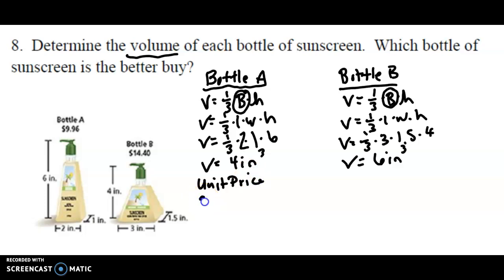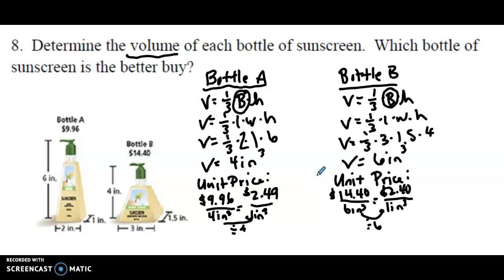So this will be $9.96 over 4 cubic inches. And we're going to try to find out what 1 cubic inch would cost. So we're going to divide this one by 4. And you're going to get $2.49. Go ahead and pause the video and do the unit price for bottle B.